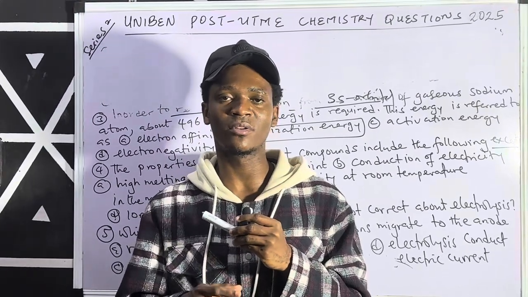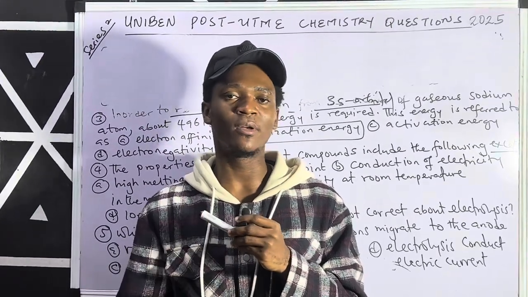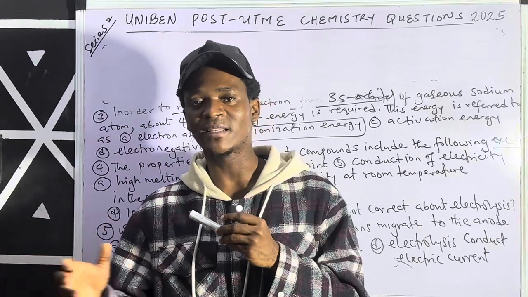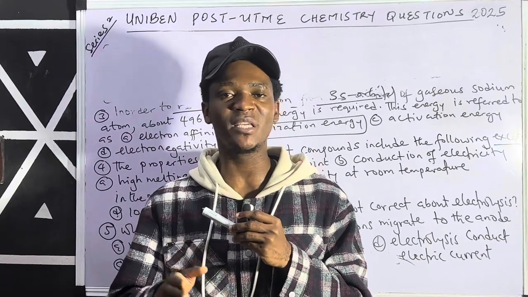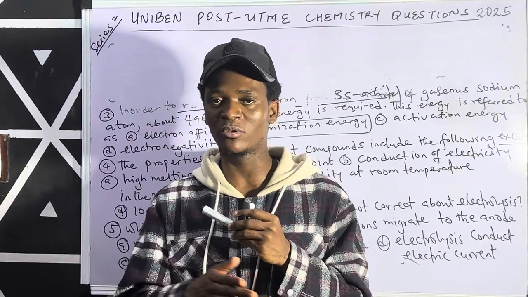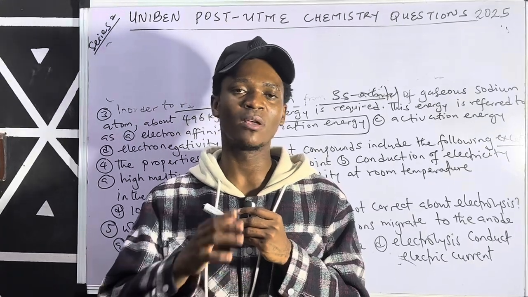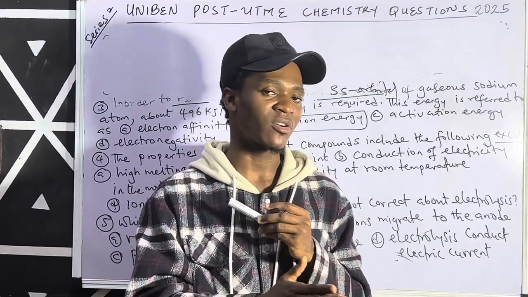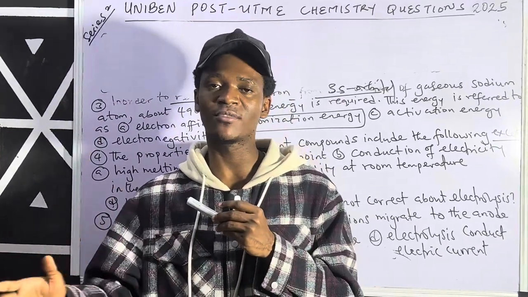Intra talks about bonds that exist within molecules, while inter talks about bonds that exist between molecules. So the two keywords, you must take note of them. Within molecules is for intra, between molecules is for inter.